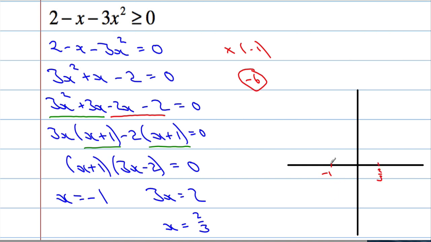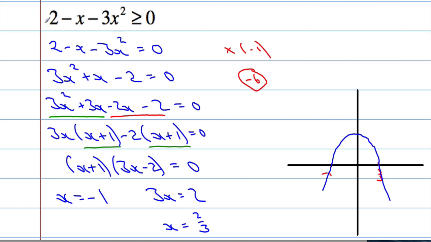So instead of doing a U-shaped graph, which is what I would have if I looked at this, I need to look at the reflection of that, which would be an N-shaped graph. However, as I said, the roots are the same. So it comes up and then passes down through here, something like that.